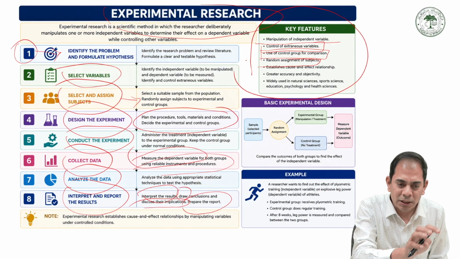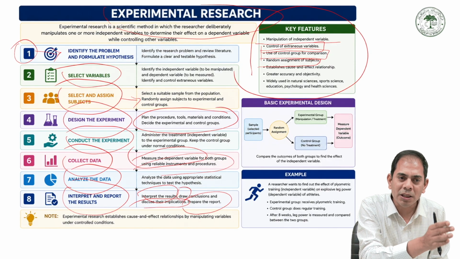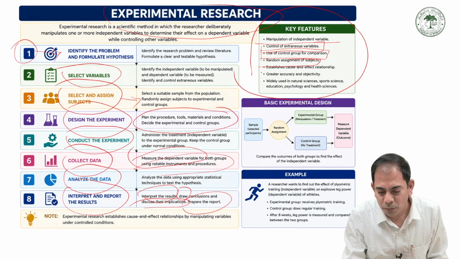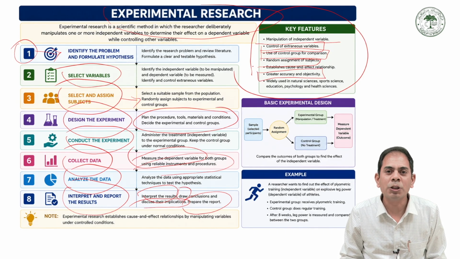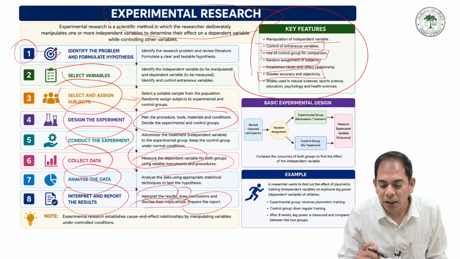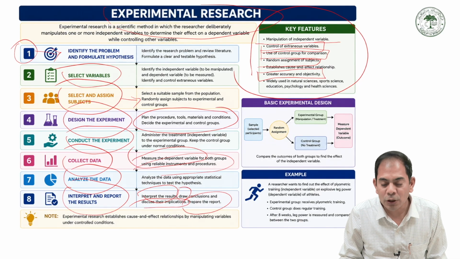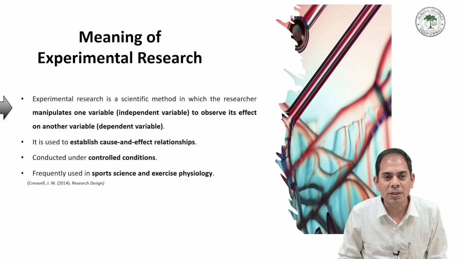We should select the sample and randomly assign it to the control group and experimental group. This type of research has greater accuracy and objectivity. It is widely used in natural science, sports science, education, physical education, psychology, and health sciences.